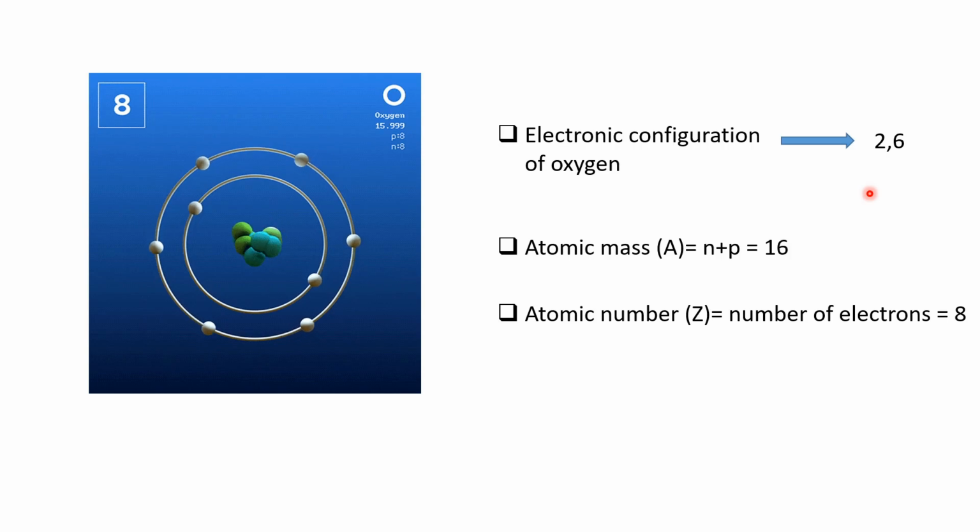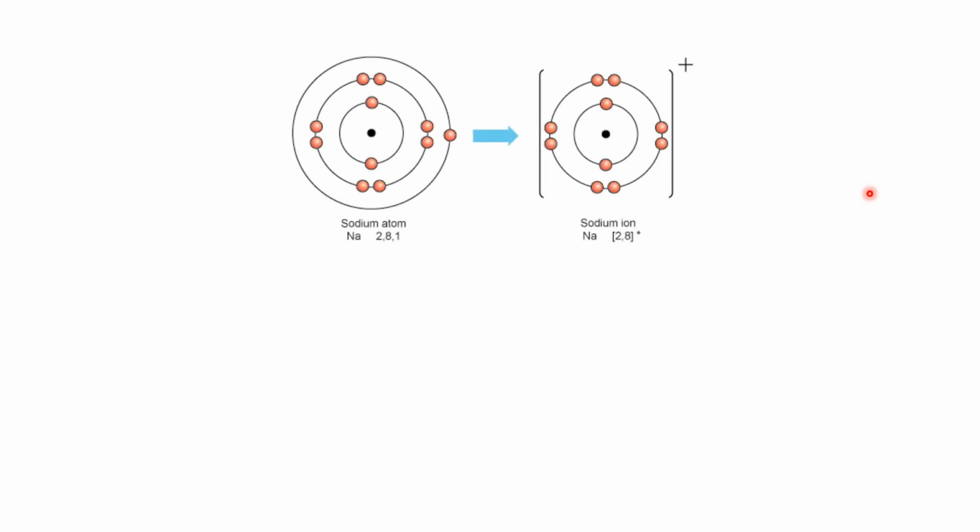Now let's see another example. The other example is of the sodium atom, and sodium is denoted by Na, capital N and a small a. Now, the atomic number or the electron count is 11. So in the first orbital, there are 2 electrons accommodated.